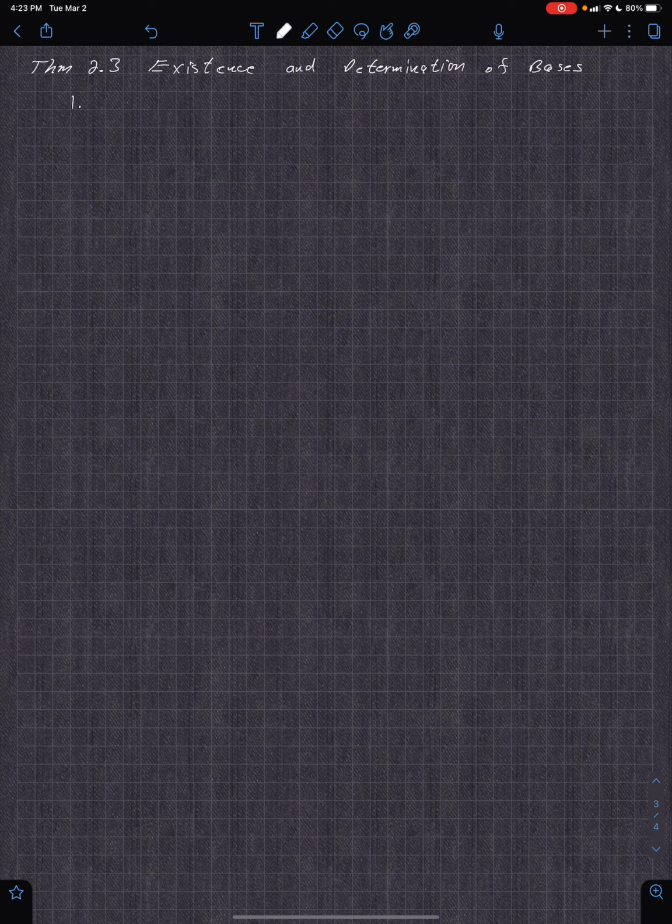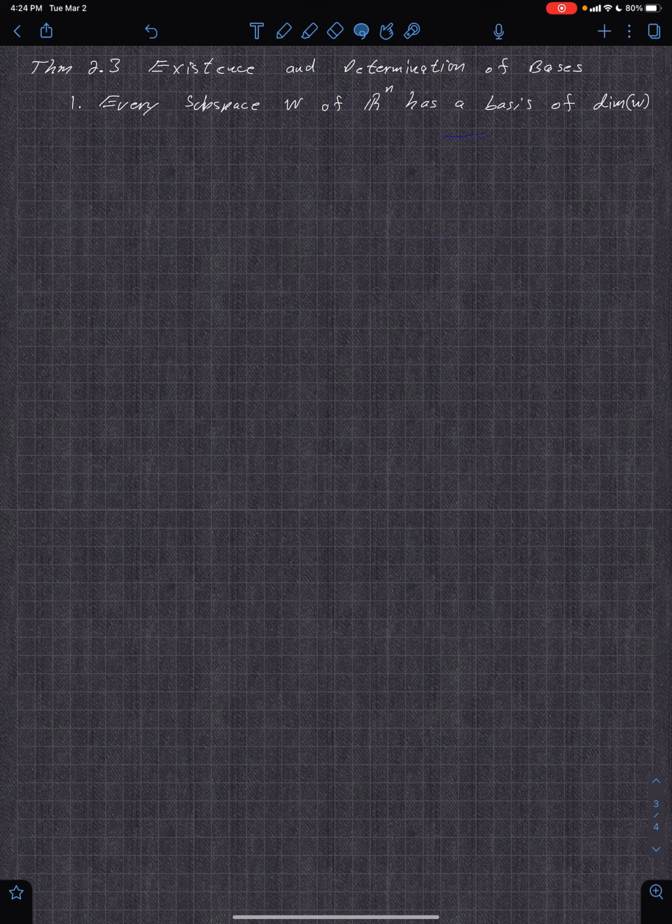So 1, every subspace W of Rn has a basis of dimension W less than or equal to n.